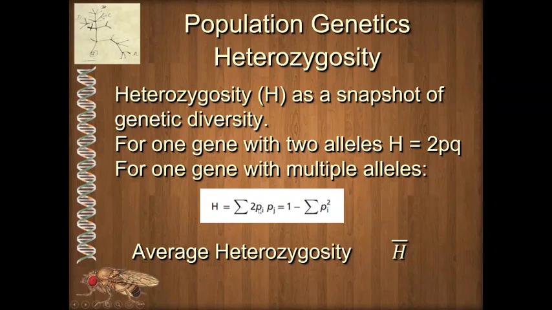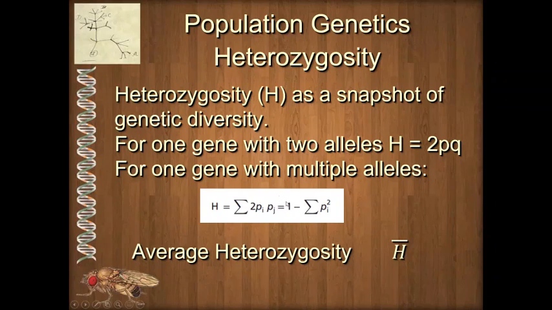It's 2 times the frequency of one allele times the frequency of the other, but then we need to do all combinations of alleles here. Or an alternative is to do 1 minus the sum of all of the homozygotes, right? So this would be the A blood type plus the B blood type plus the O blood type when they're homozygous for those, and subtract all those from 1, and that will give you the heterozygosity. So sometimes it's easier to calculate in different ways.